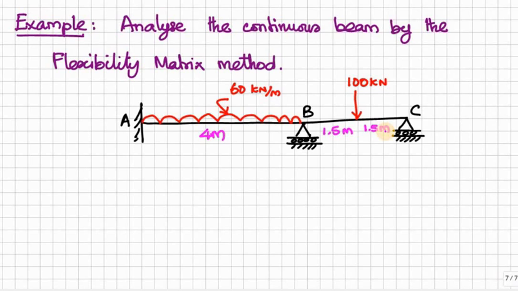That we have to decide first. After that, by removing those redundant forces, we will get the determinate structure, also called as primary structure, on which we will apply the flexibility matrix method.